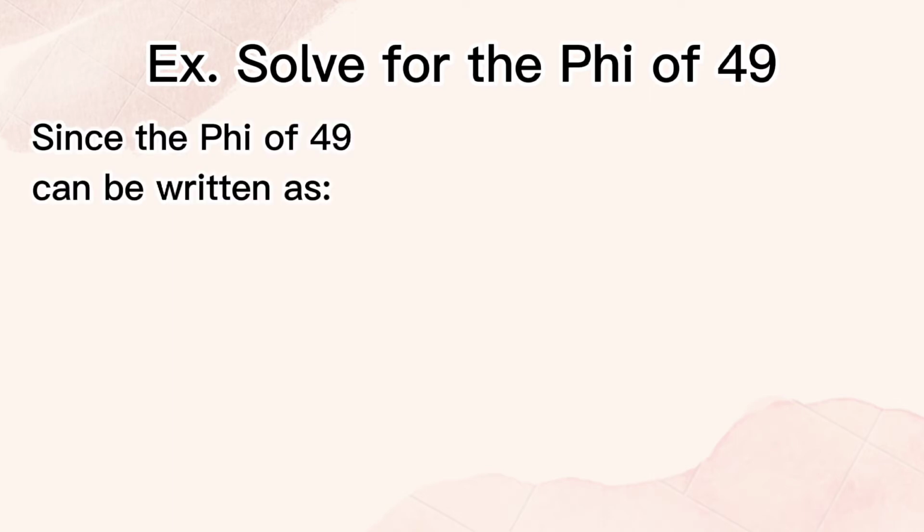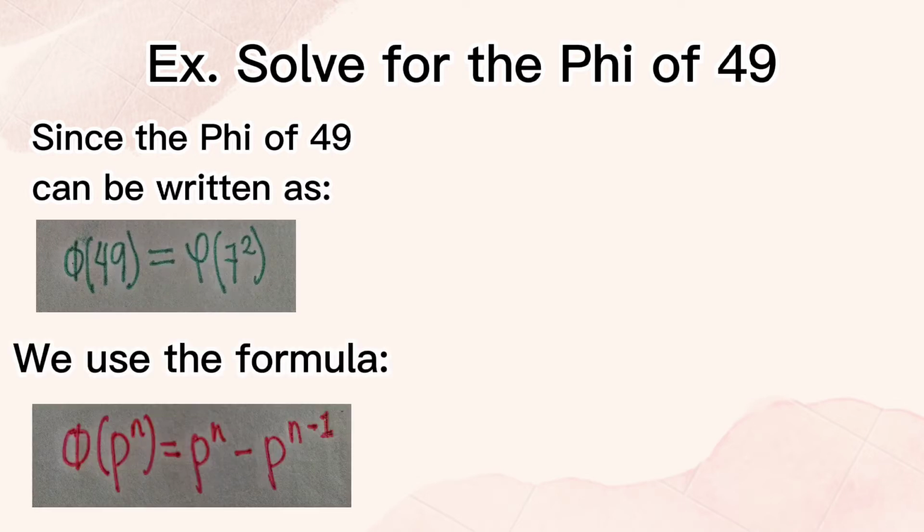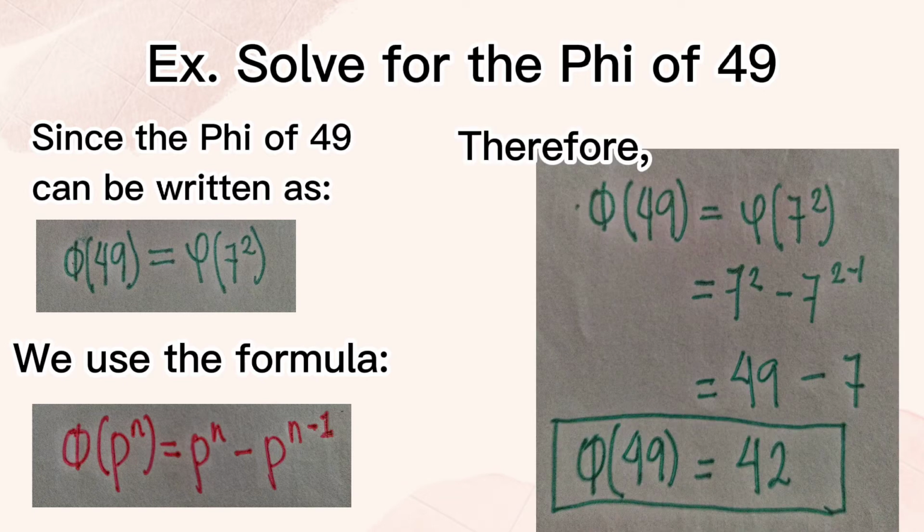Since 49 can be written as 7 raised to 2, we use the formula. So, the phi of 49 is equal to 7 raised to 2 minus 7 raised to 2 minus 1, which is equal to 49 minus 7. Therefore, phi of 49 is equal to 42.